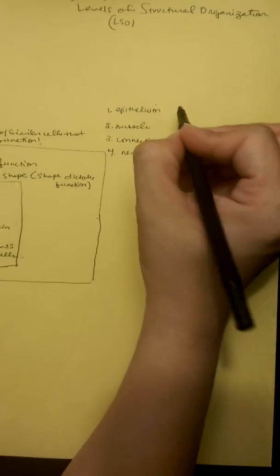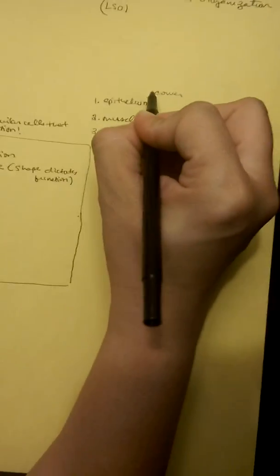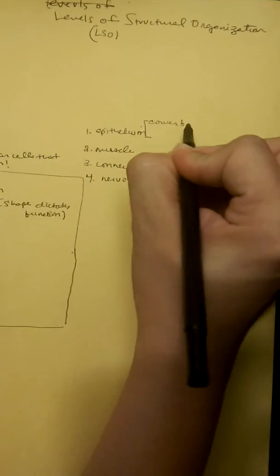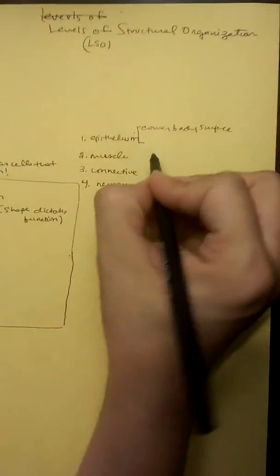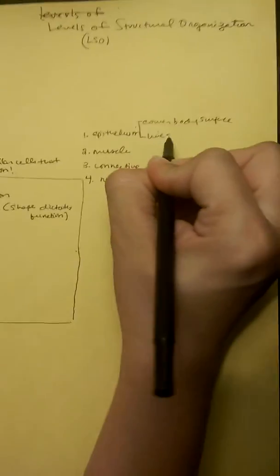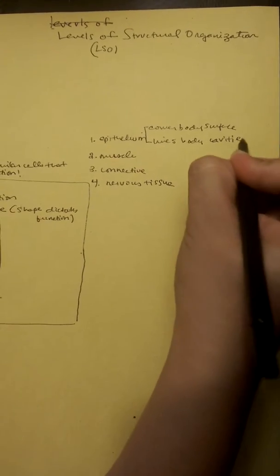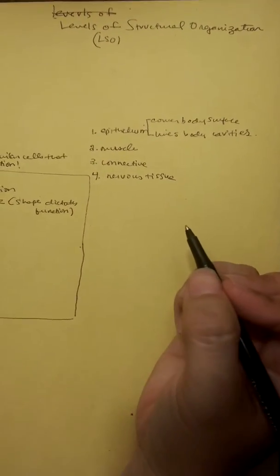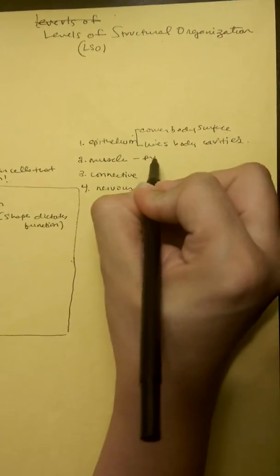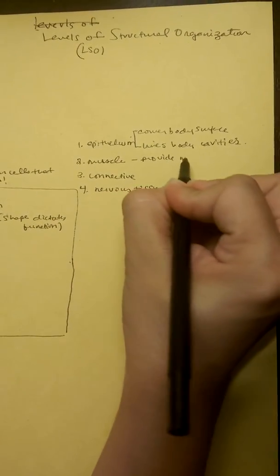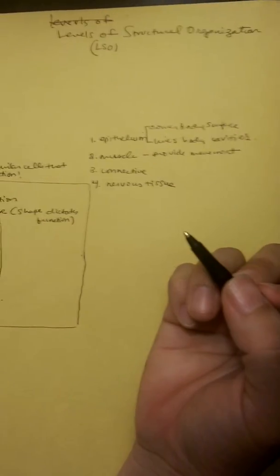So the epithelial tissue covers your body's surface, and then it lines the body cavities. Then we come to muscles, and muscles help provide movement. And then we have connective tissue.